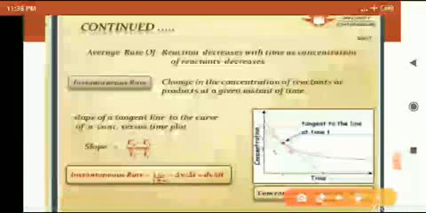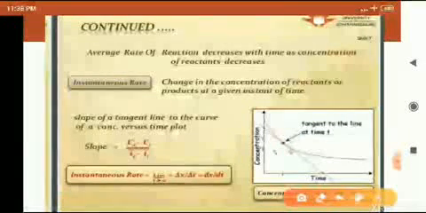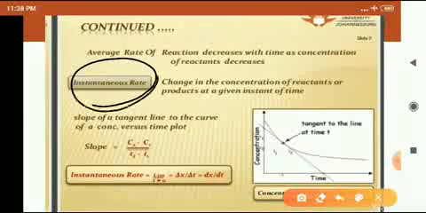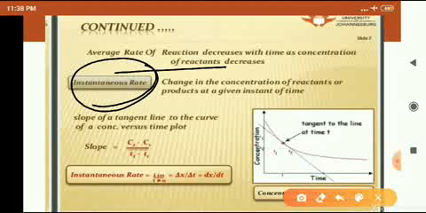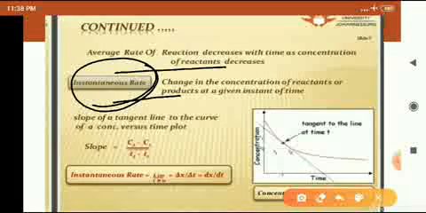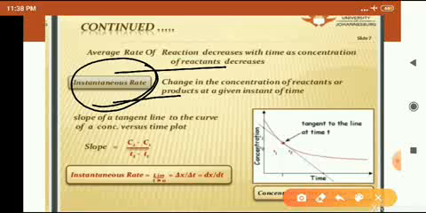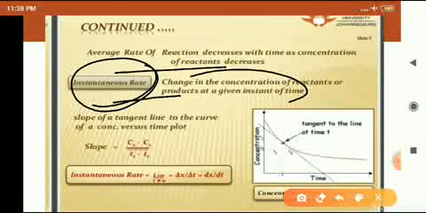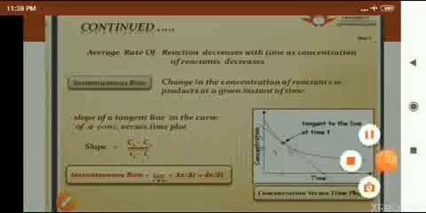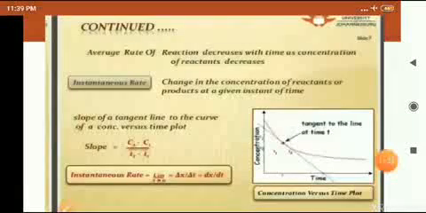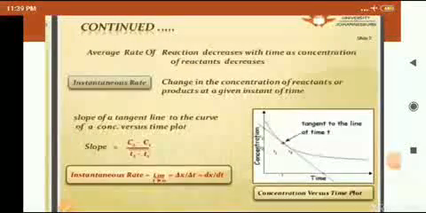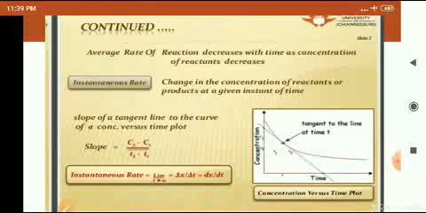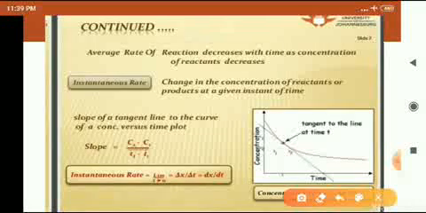If we have to calculate the rate of the reaction at a particular instant, that is known as the instantaneous rate of the reaction. This instantaneous rate of the reaction can be defined as the rate of the reaction or change in the concentration of any of the reactants or products at a particular instant of time. To express instantaneous rate of the reaction, we have to take small intervals of time so that the rate of the reaction remains constant.